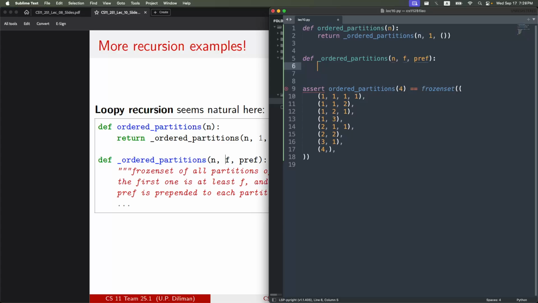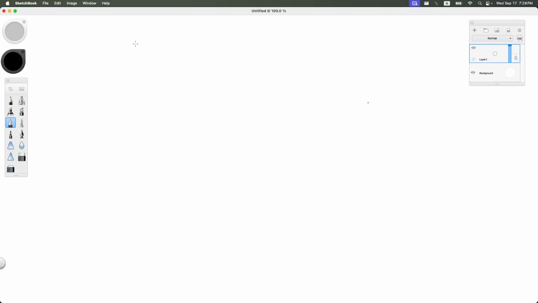Either we take a partition of size f, and that would correspond to this function call, right? So for example, let me illustrate. Let's say you want a partition. Okay, let me fix this sketchbook.